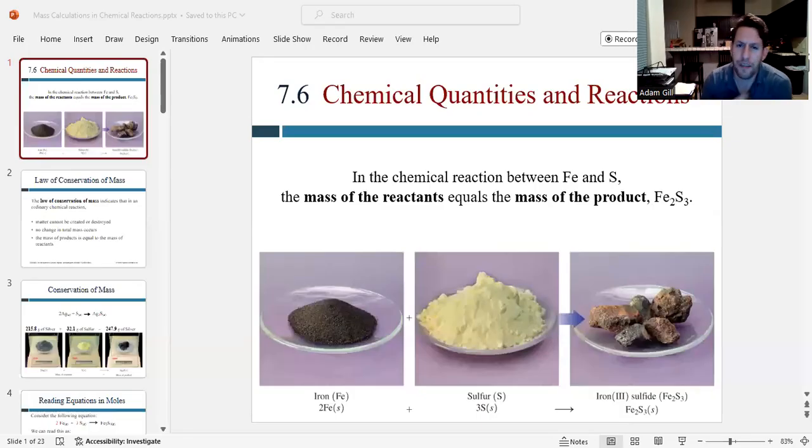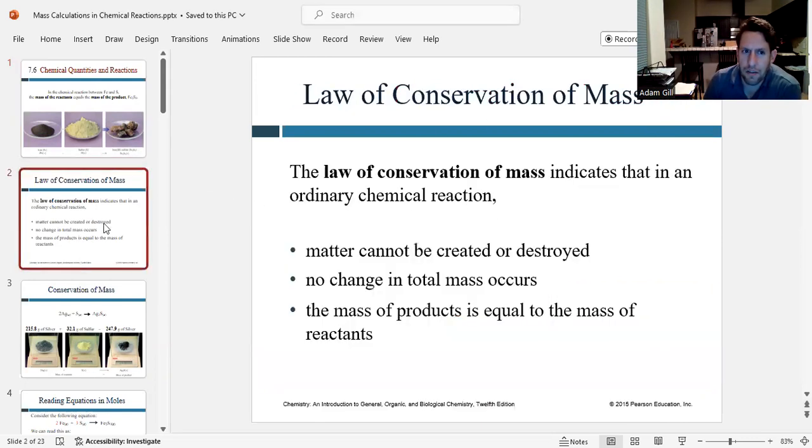Hi, everyone. In this lecture, we're going to be talking about chemical quantities within a reaction, calculating amounts of product or reactant for a given chemical reaction. Now, the first concept we need to look at is something called the law of the conservation of mass.